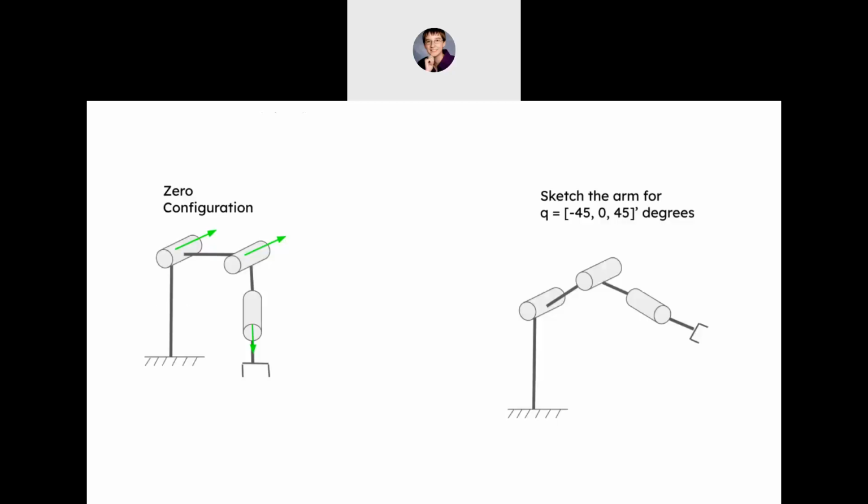Well, the idea is, given this arm, you want to sketch the arm at a different configuration.